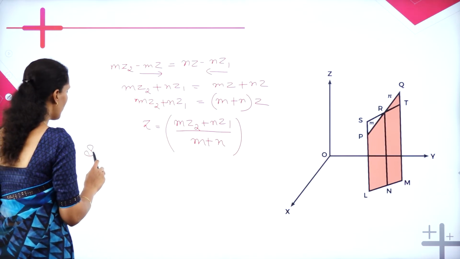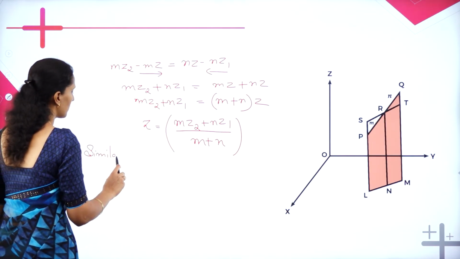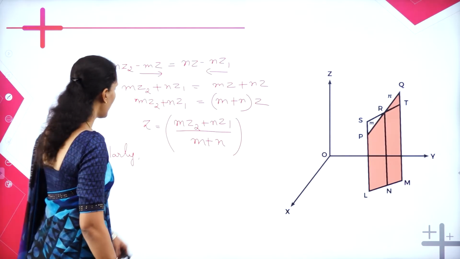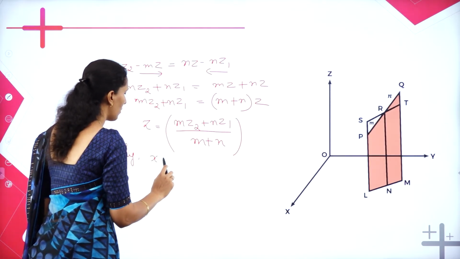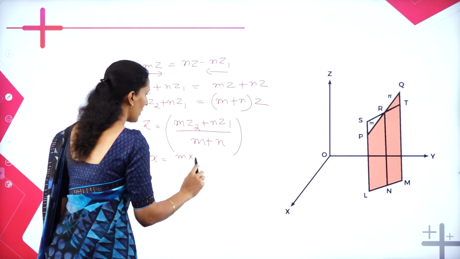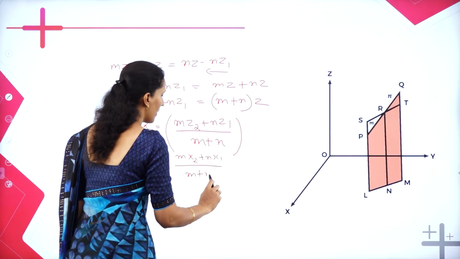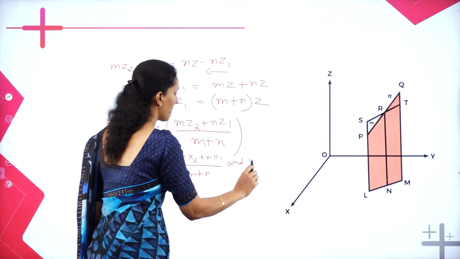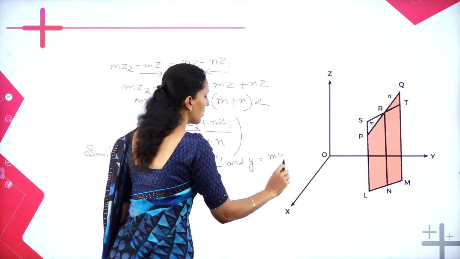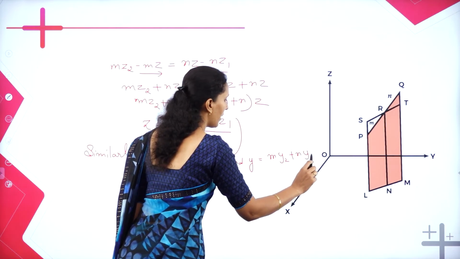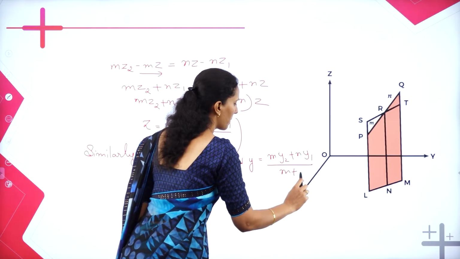Similarly, we can write the coordinates of x is equal to mx2 plus nx1 divided by m plus n, and y as my2 plus ny1 divided by m plus n.